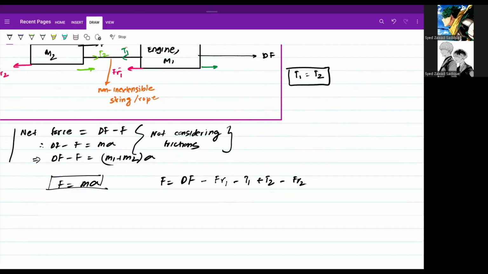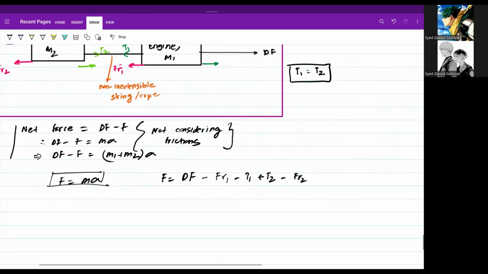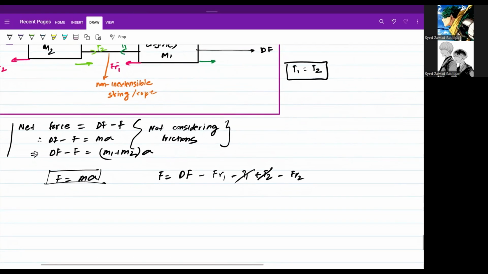Do you guys remember that I said T1 is equal to T2? Watch this. T1 and T2 cancel each other out. Therefore, the forces that are left with us are driving force minus FR1 minus FR2.